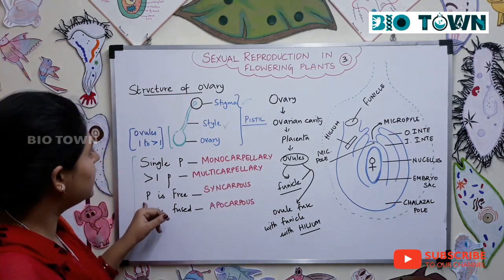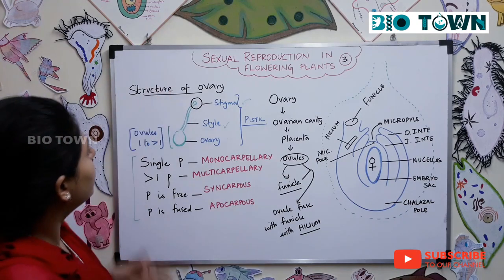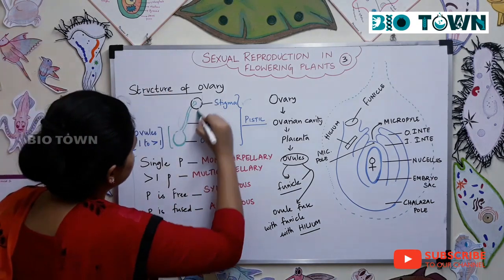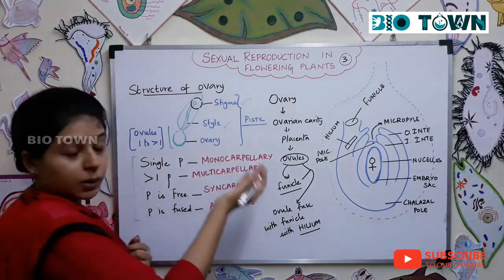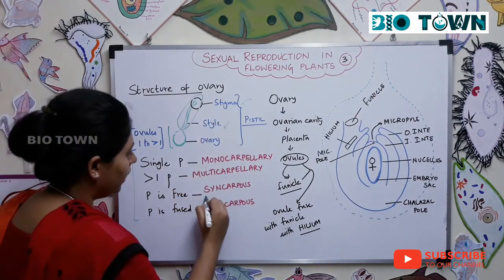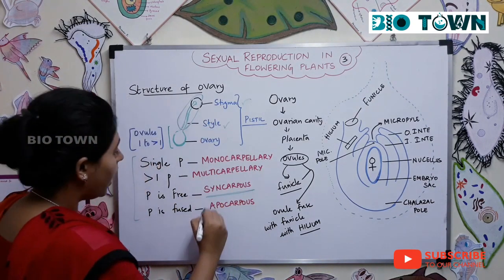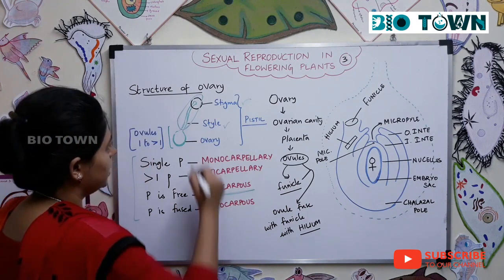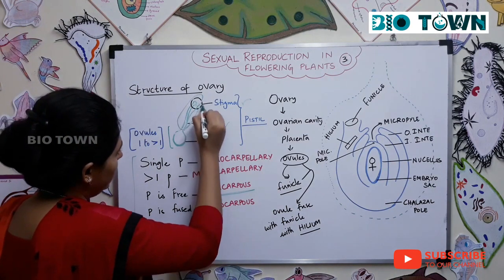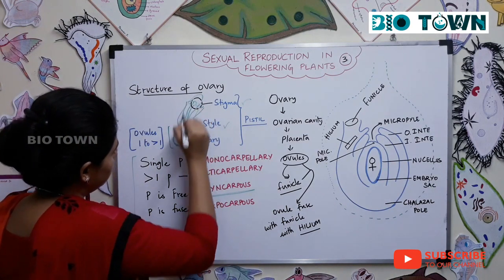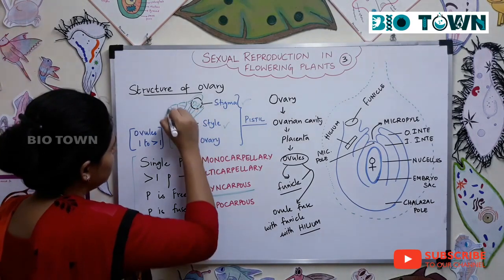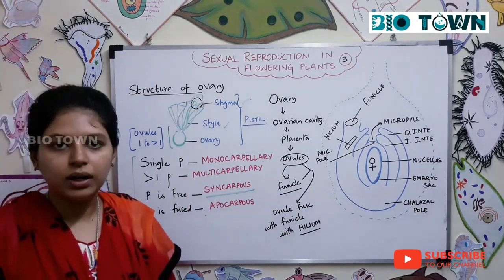Now when the pistils are free, not fused with any other pistil, you call it apocarpous. Syncarpous is the fused pistil, where many pistils are fused together, and this is indicated by the term syncarpous.